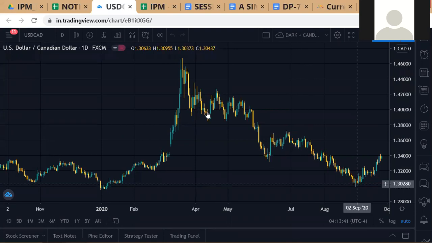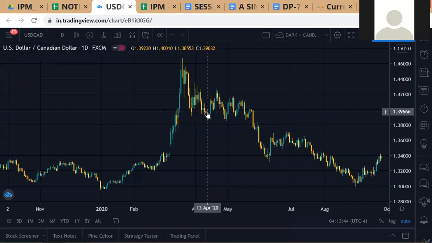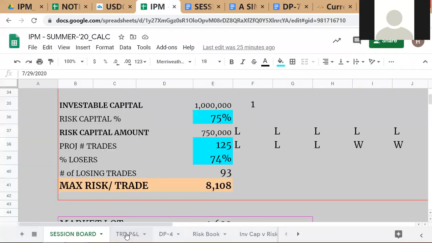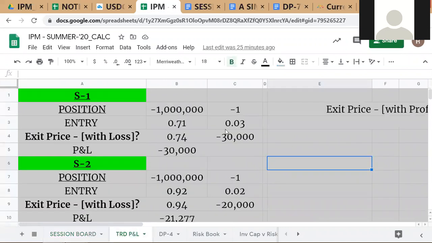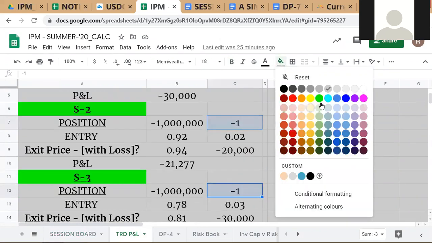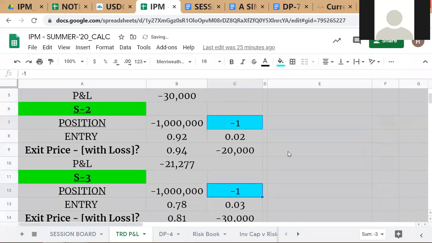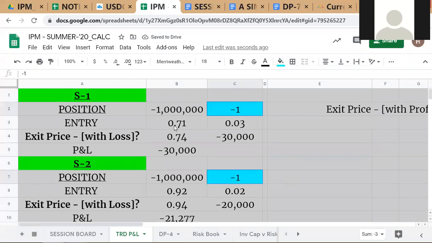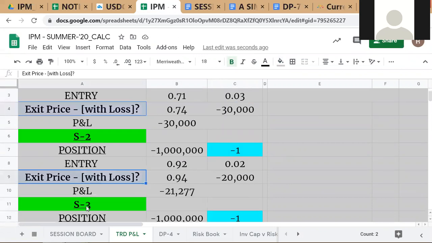So therefore, let's say if I go short Canadian dollars, here this will be our input cell. These are our input cells, and these are also our input cells, entry, exit.